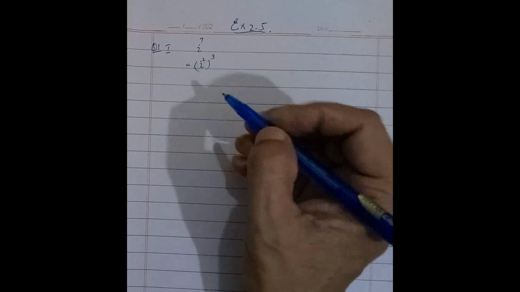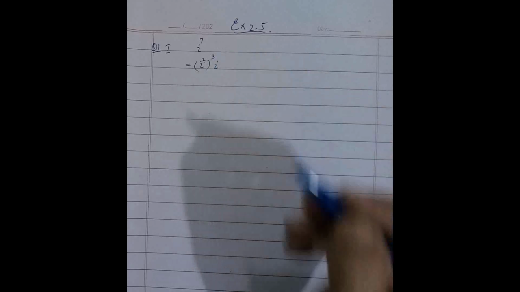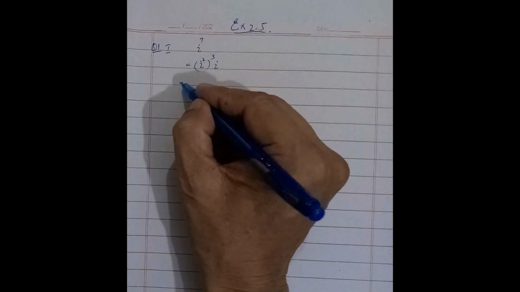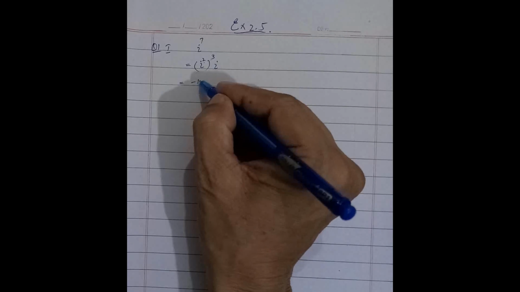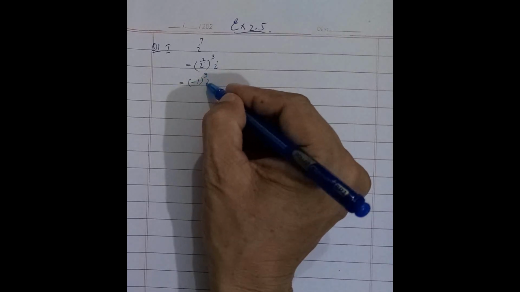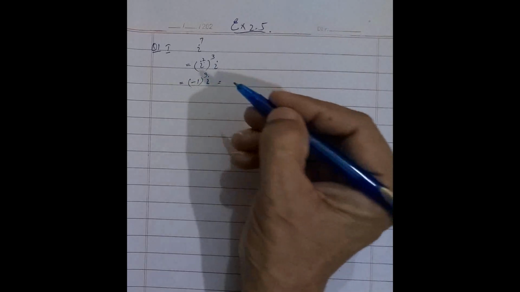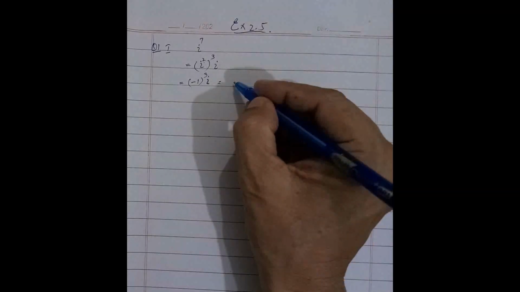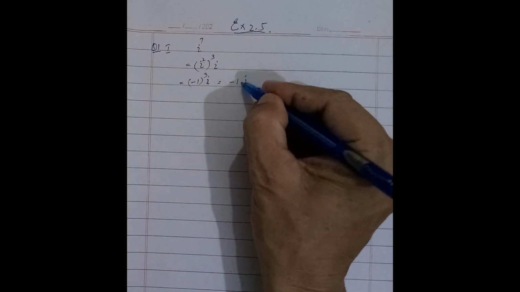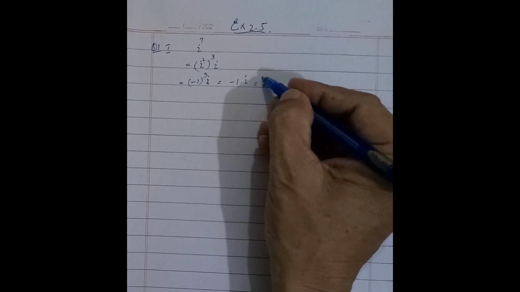It is iota 6, and then multiply by iota to get iota 7. Now we solve it. Iota square is equal to -1, whole power 3, into iota. You know that when any value which has sign -1 has an odd power, the answer is minus. So it is -1 into iota, and the answer is minus iota.